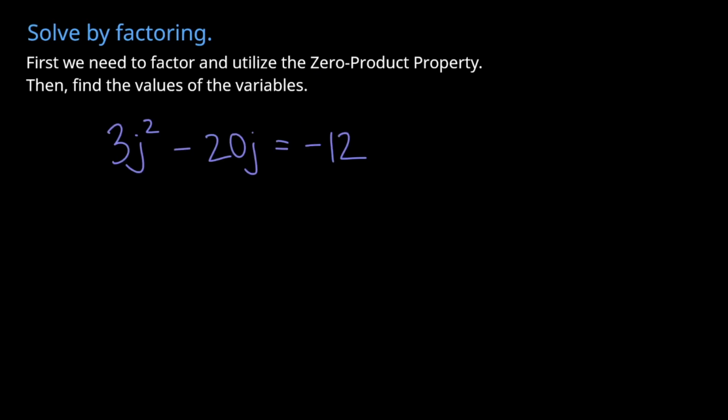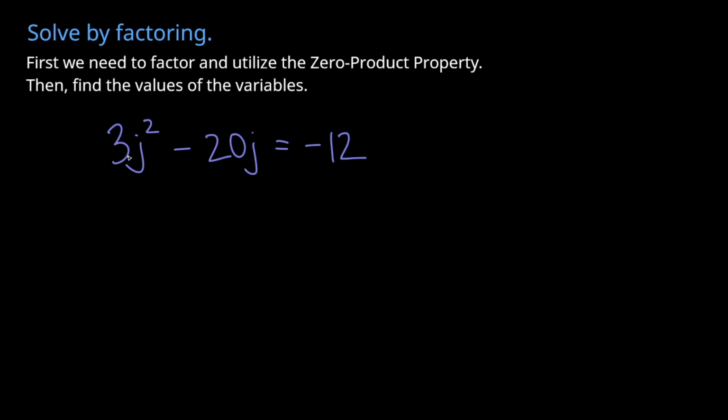And for this last one, we have a coefficient in the front here, and it's not equal to 0. So we need to move this negative 12 over and get this side equal to 0.